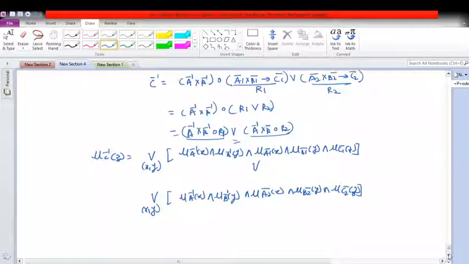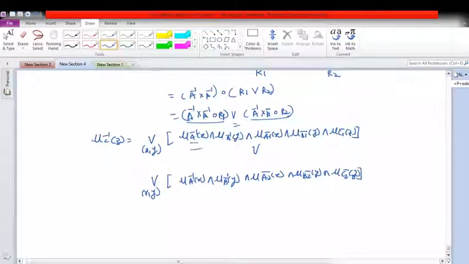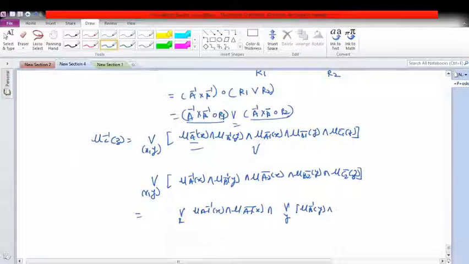Okay, and then separate x and y. So you can write maximum for x of mu A bar dash of x intersection with mu A1 bar of x, and maximum for y of mu B bar dash of y intersection with mu B1 bar of y, intersection with mu C1 bar of z.